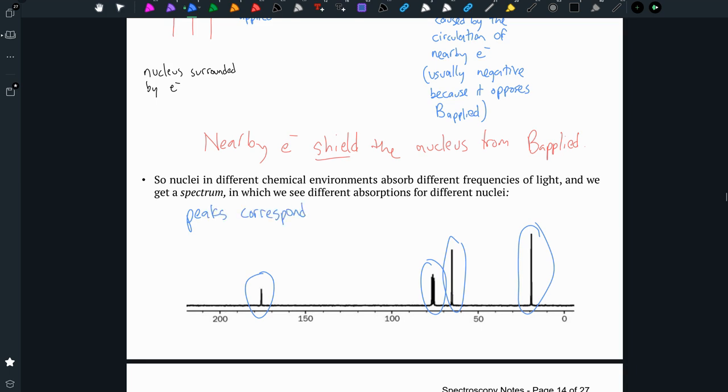And these peaks correspond to the different induced magnetic fields around different atoms. So a picture like this starts to tell us something about the electron density near atoms.